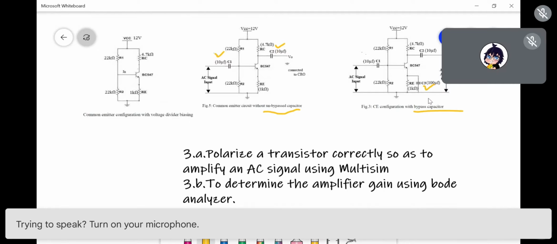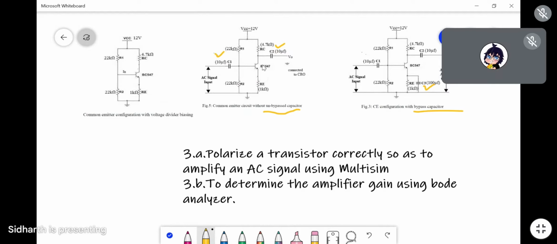You have to perform these two circuits using Multisim, and after that you have to find out all the parameters like VB, VC, VE, IB, IC, IE, and VCE.